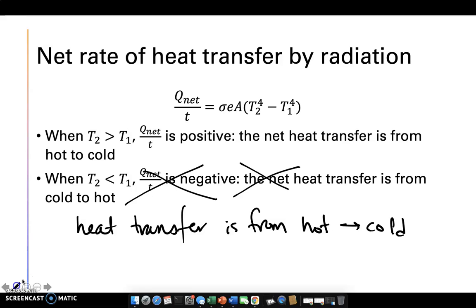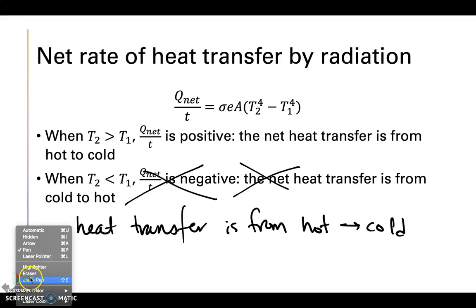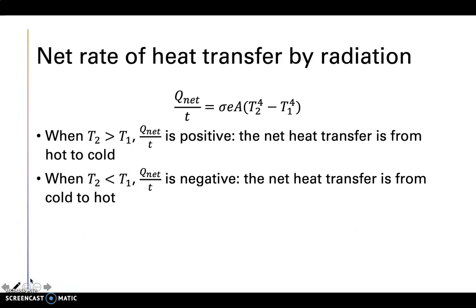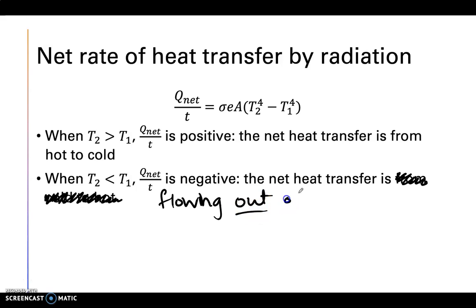So it's not that it's from cold to hot. This net heat transfer is flowing out of the system.